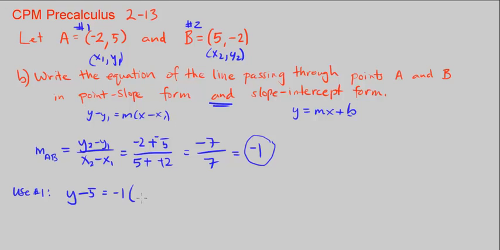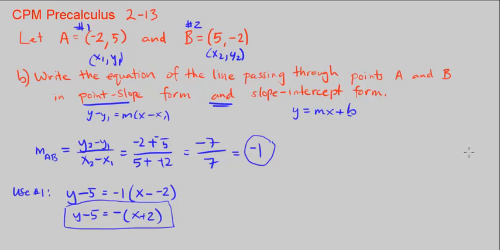Well, x minus negative 2, right? Which, if I just simplify this, is going to be y minus 5 equals negative, I don't need to write a 1 there, x plus 2. Okay, so that's if I use point number 1. Okay, and that's point-slope form.